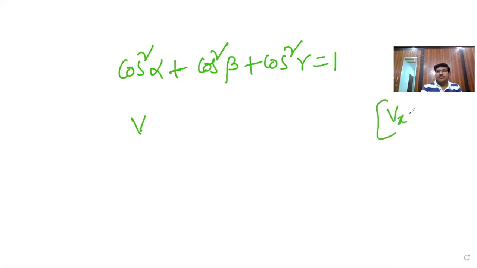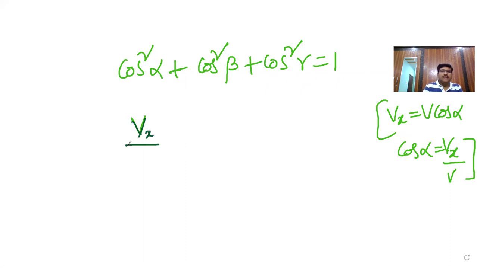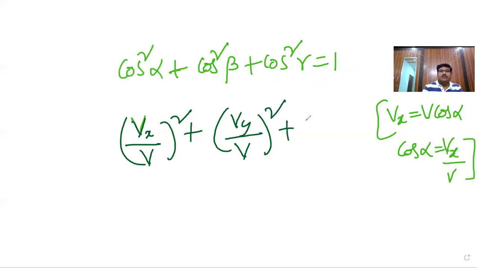Vx is equal to V cos alpha, so cos alpha is Vx by V. Similarly, cos beta is Vy by V. Similarly, cos gamma is Vz by V. If I substitute here, cos alpha becomes Vx by V whole square plus cos beta is Vy by V whole square, plus cos gamma is Vz by V whole square.